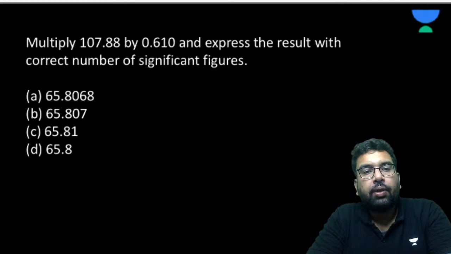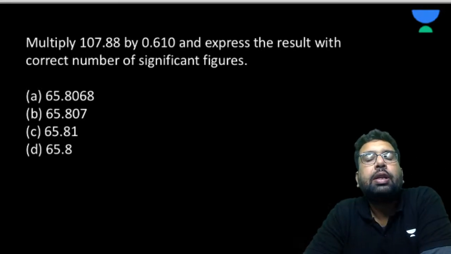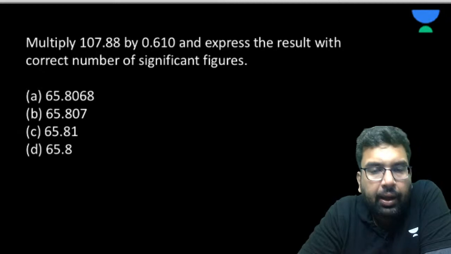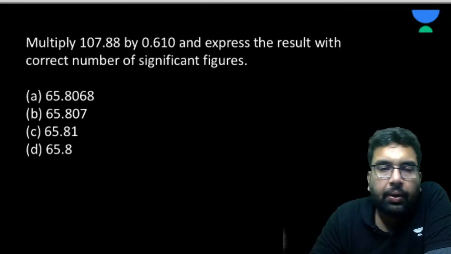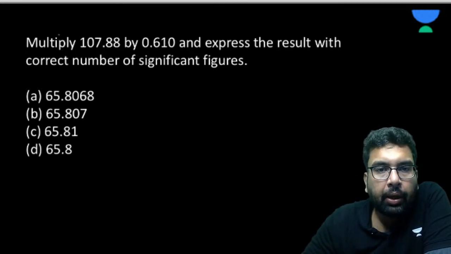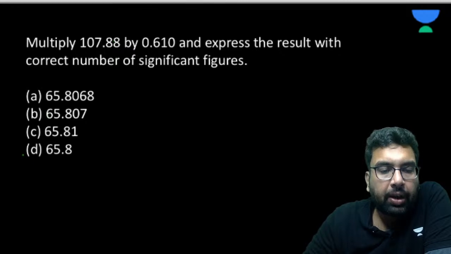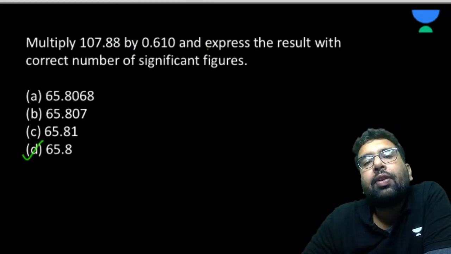So see, how can we do it? It says multiply 107.88 by 0.610 and express the result with correct number of significant figures. Okay, so basically it is going to be 65.8. We need not even multiply. Why so?